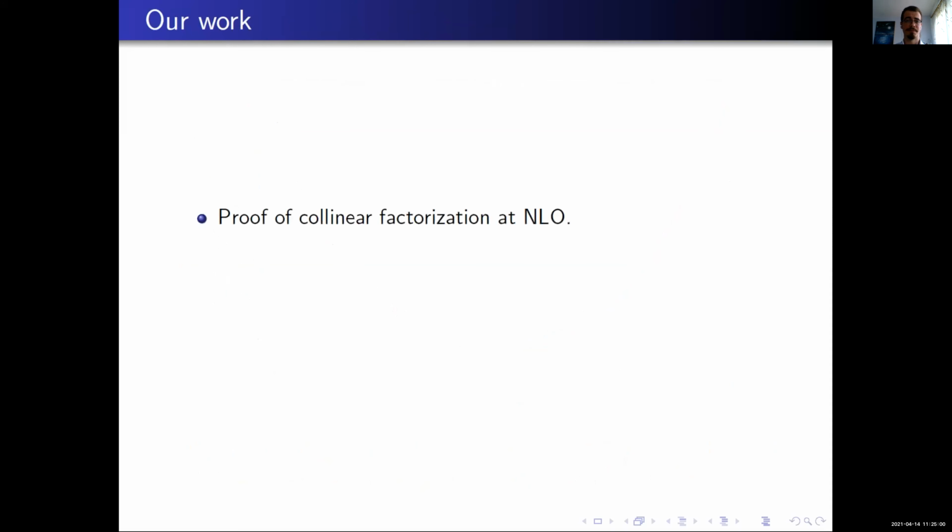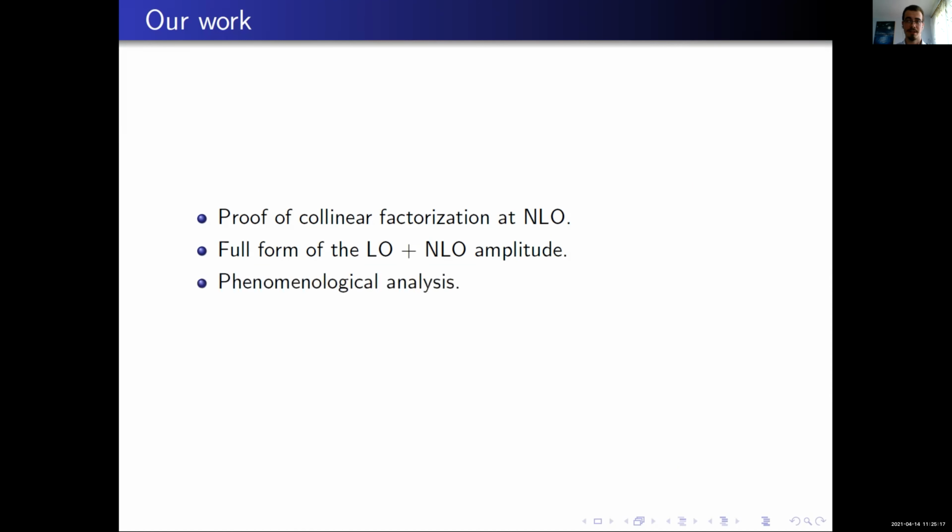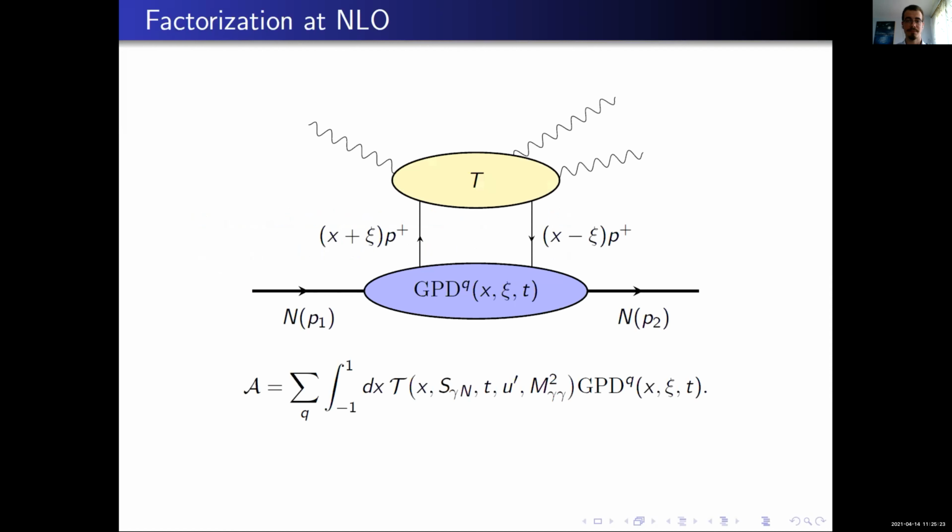In our work, we prove that the collinear factorization works also at the next to leading order. We obtain the full form of the leading order plus NLO amplitude, and also we make further phenomenological analysis.